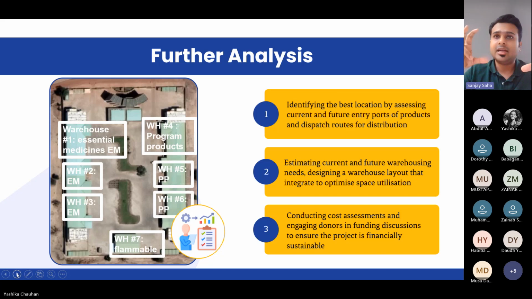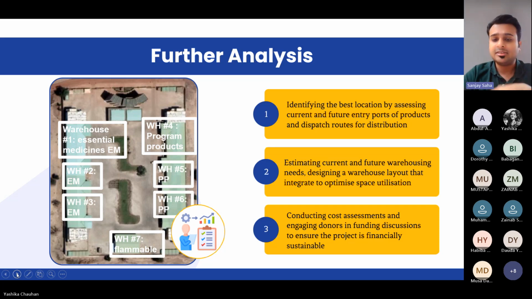So they may have designed the warehouse based on their current needs, but ideally, whenever you are designing a warehouse, you should think 5, 10 years in advance, because otherwise, what eventually you will keep on doing is either trying to expand your warehouse just like they did, or you will have to find another location, which is again, more expensive, more intensive, and you have wasted your time. So whenever warehouses have to be designed, you have to think much in advance, 5, 10 years.